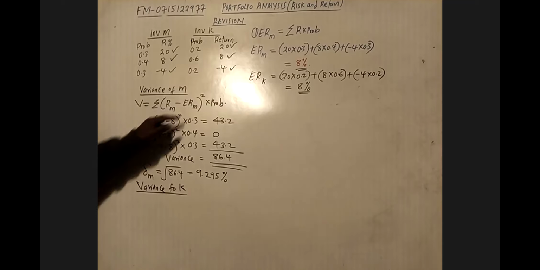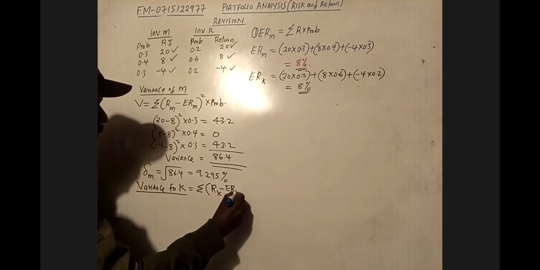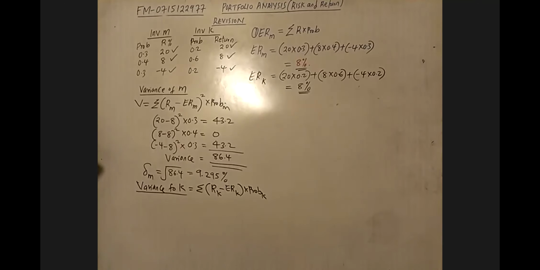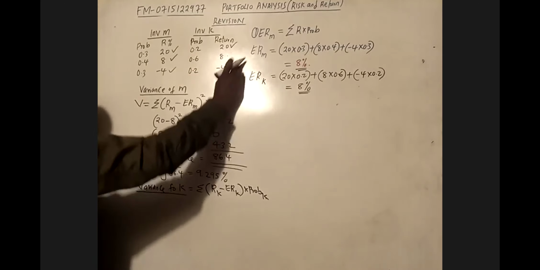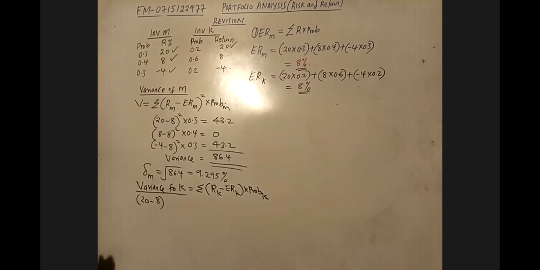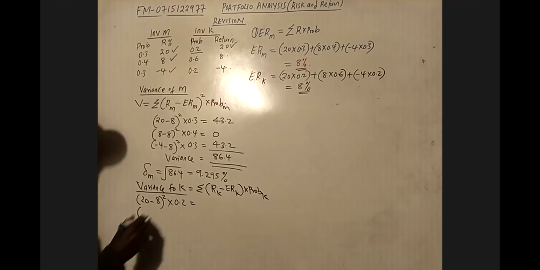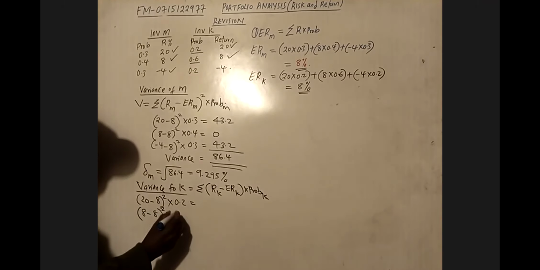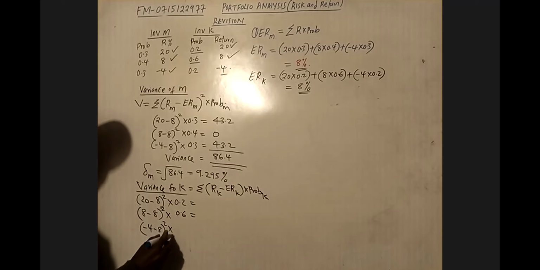The formula is the same, but the change is the summation of RK minus the expected return of investment K, times the probability of K. It's supposed to be for K, not M. So for the first one, when it is 20, our expected return for K is 8 squared, and the probability is 0.2. The second is 8 minus 8 squared, and the probability is 0.6. The third is minus 4 minus 8 squared, and the probability is 0.2.